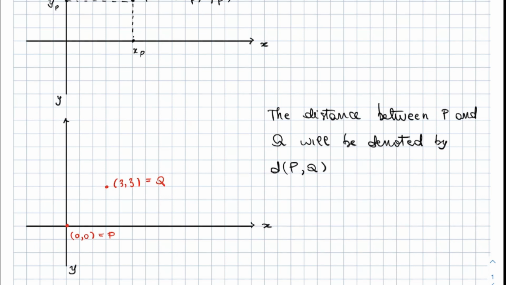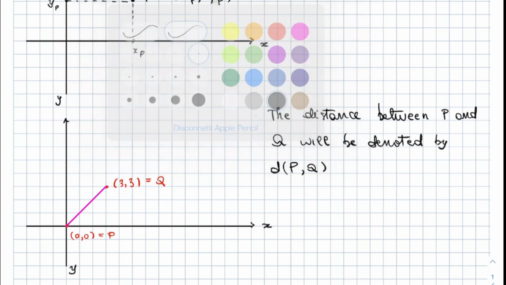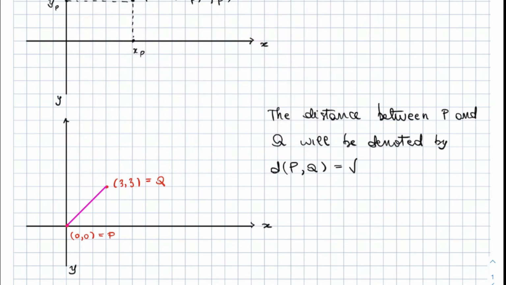This is a notation that says that the number dpq is the distance between P and Q. In this case, we want to define this distance as the length of the segment connecting 0, 0 to 3, 3. So we want the length of the segment connecting P and Q. In this case, this length is given by the square root of 3 squared plus 3 squared, which is equal to the square root of 18.